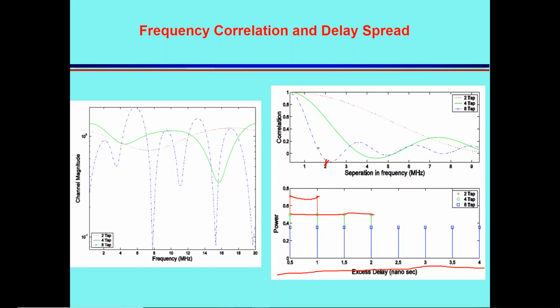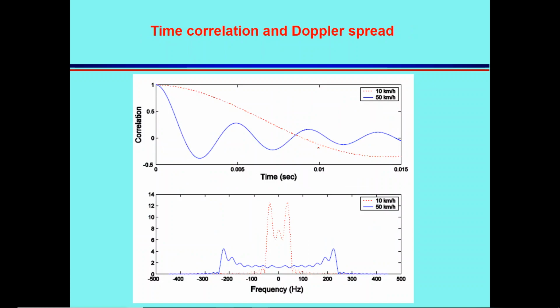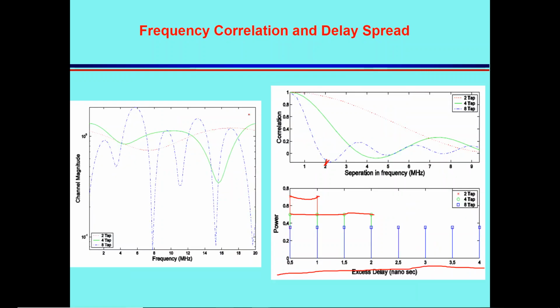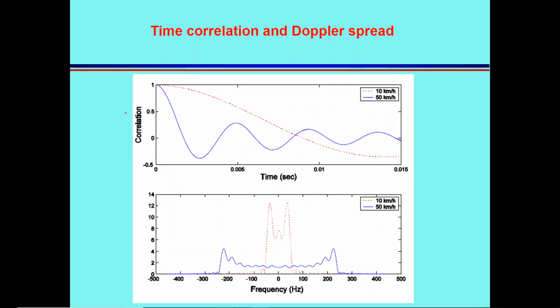Now this is with respect to delay spread. What about Doppler spread? In Doppler spread, instead of variation in frequency, you have your channel in time, variation in time. And when you take their autocorrelation function, suppose you have a mobile moving with a speed of 10 km per hour, and another mobile moving with 50 km per hour.